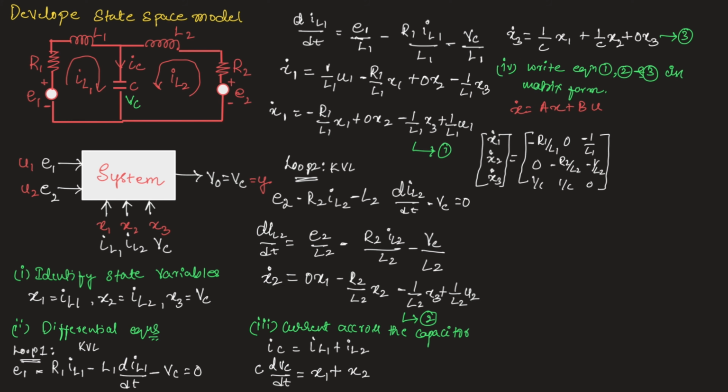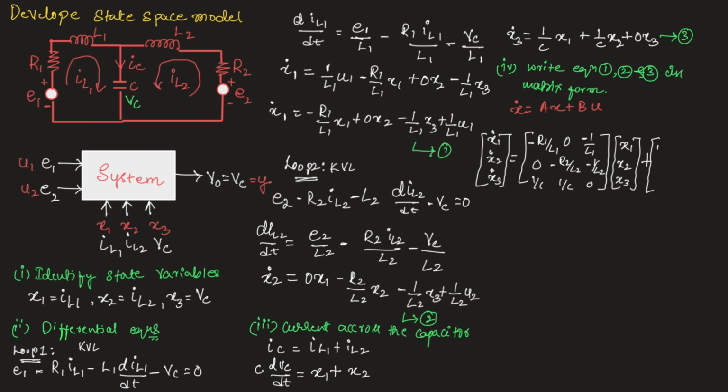So we can write x as x1, x2, x3, plus we need to write the equation for B, which is multiplied with u. So we need to search for the term which is related to u1 and u2 in equations 1, 2 and 3. So in equation 1 we have u1 term and we don't have u2 term, so that's why we'll write it as 1 by L1 and 0.